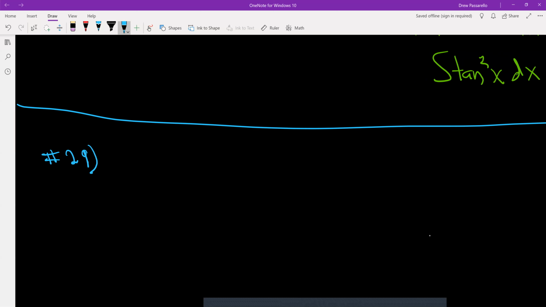Okay, so 29, integrating 5 cosine x plus 4 sine x. I know in the last video I showed that we can integrate each component, and I sort of skipped this step at some point because it just gets tedious to write it.